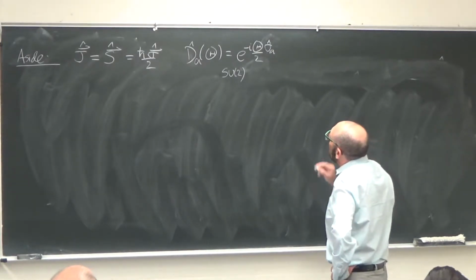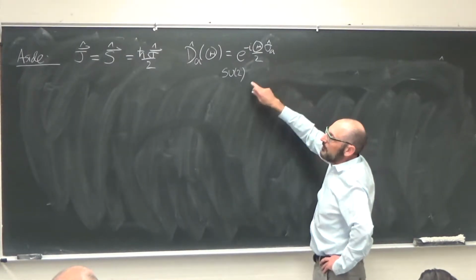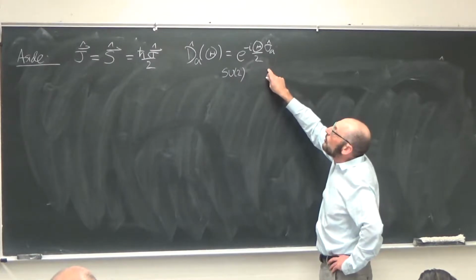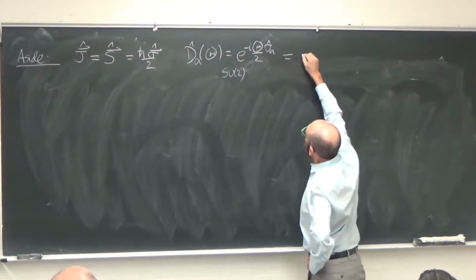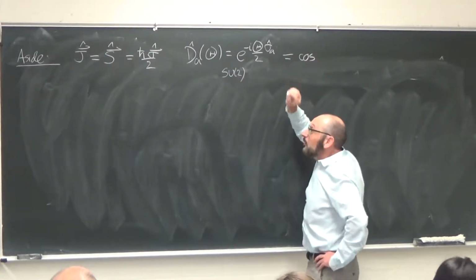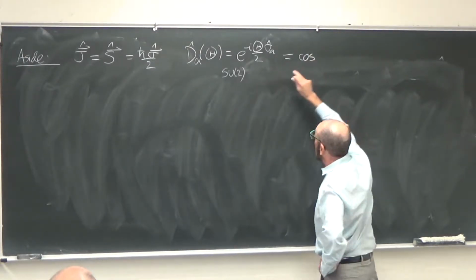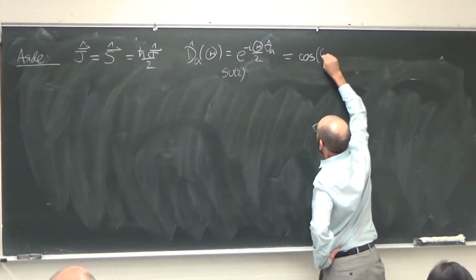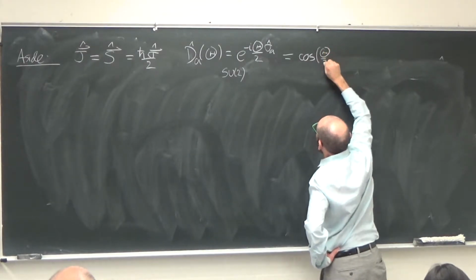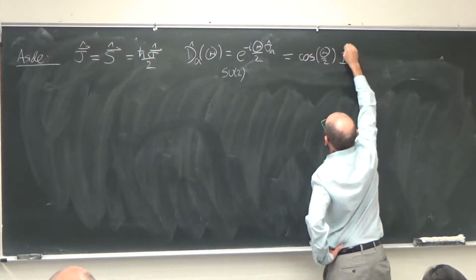And one of the special things about these matrices, besides the fact that they're determinant 1, is, as you know, we can write this, and this is only true for spin 1/2. It's not true for arbitrary J. It would be nice if it was, but it ain't.